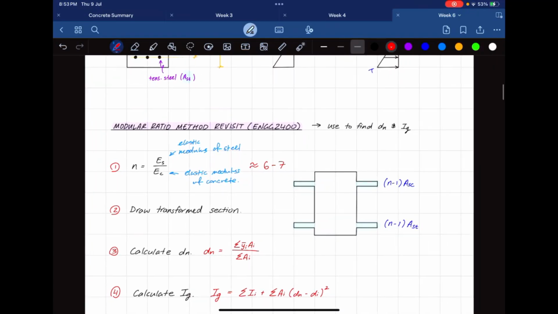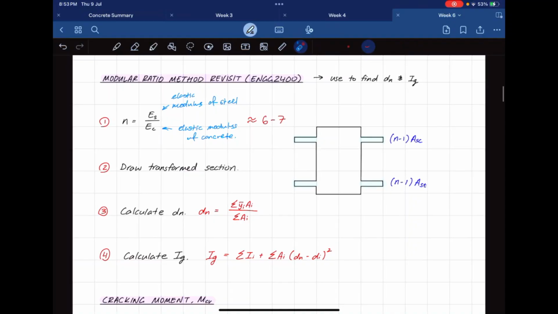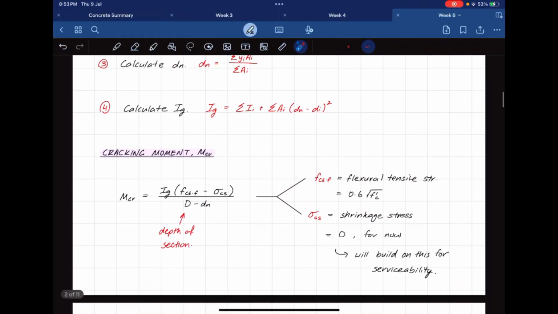Okay, now from there we're going to calculate dn using this formula, and then calculate Ig. So this is just a 2400 recap. I'm going to go through an example for that.